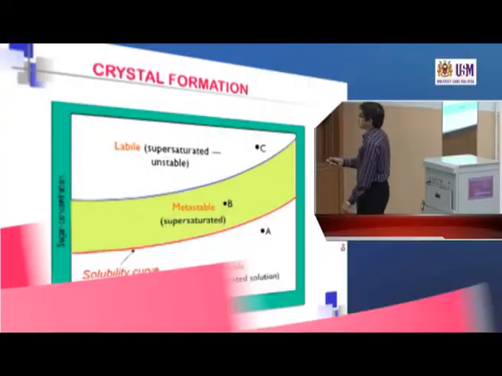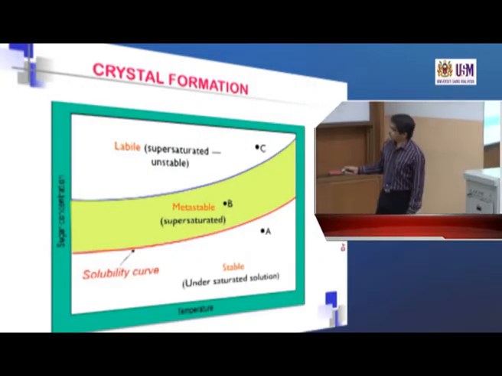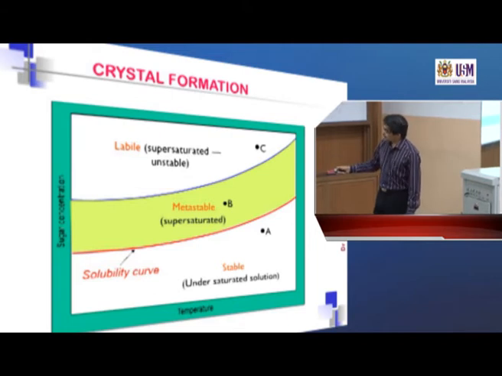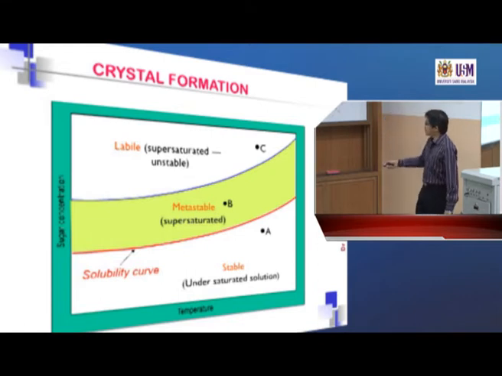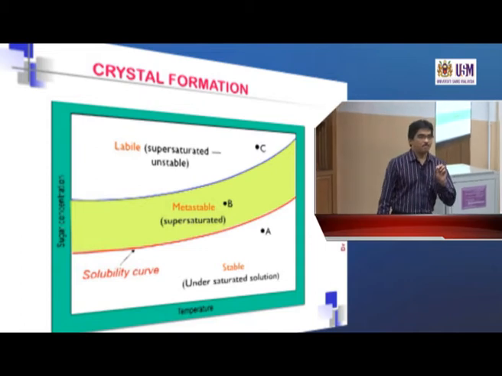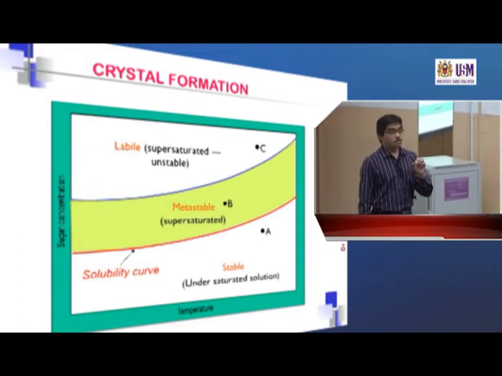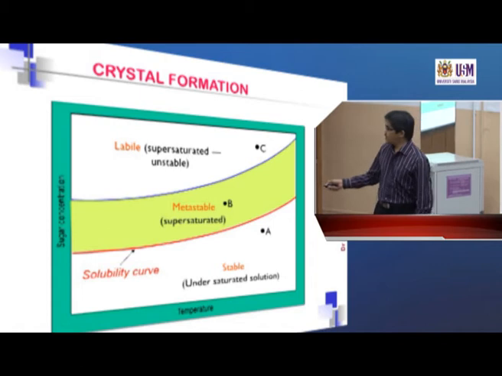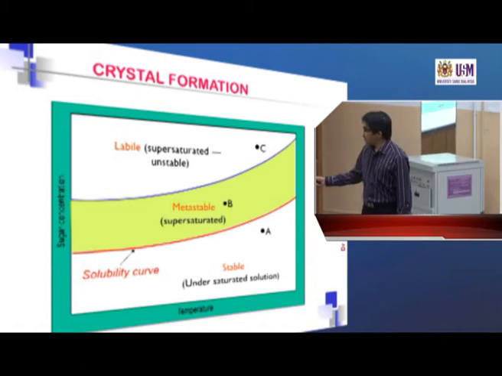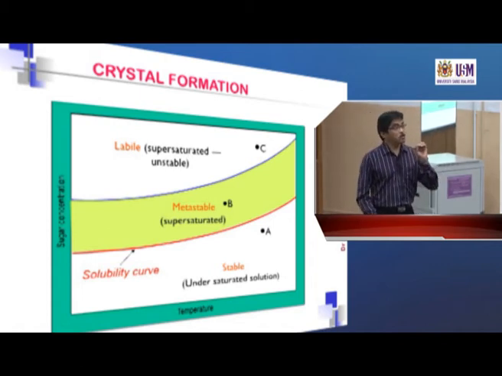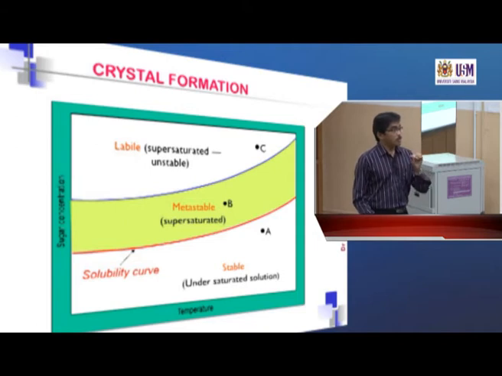Don't worry about the yellow and blue lines. Just look at the red line, which is this one. This is called the solubility curve, or sometimes the equilibrium solubility curve, because any point on the line is the CS, the solubility of that solute in equilibrium at a specific temperature.